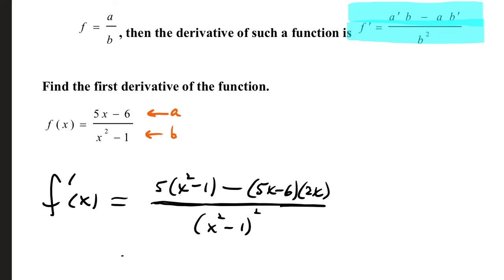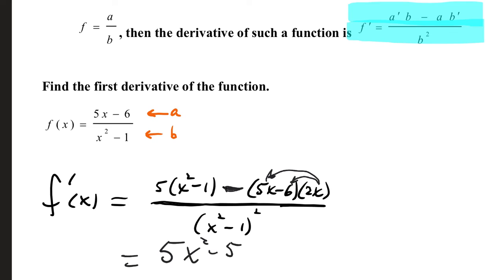Now, if you wanted to go further, we would have 5x squared minus 5 minus, now we'll have to be careful distributing here because of this negative out front, we'll have a sign change.